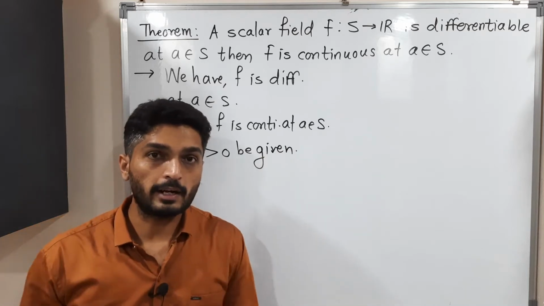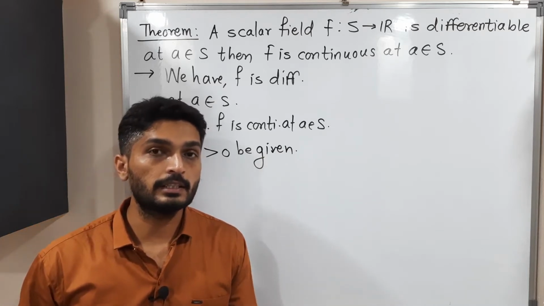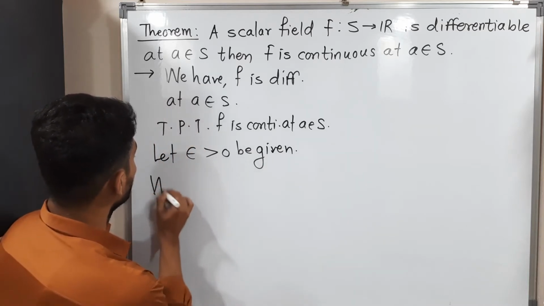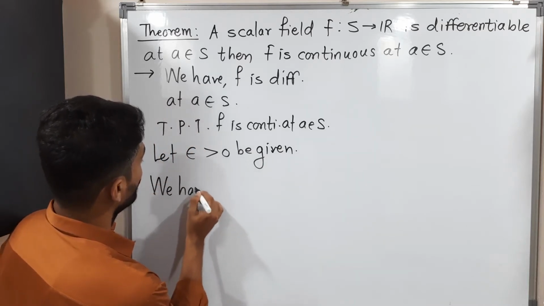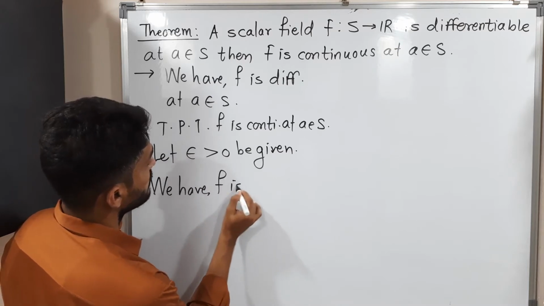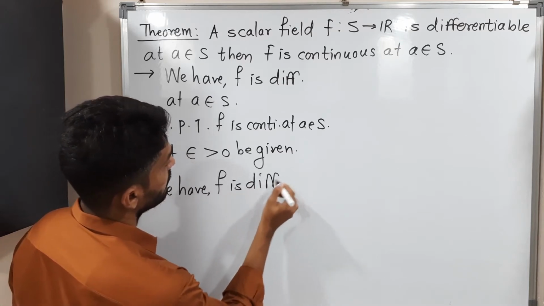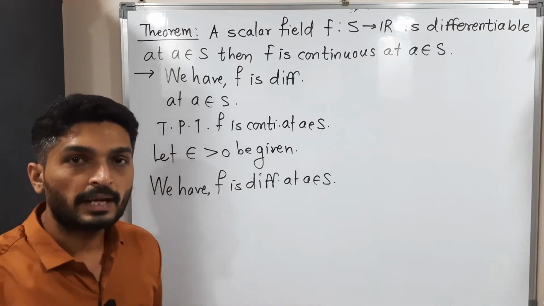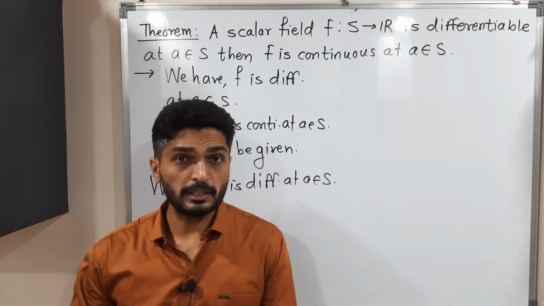Okay, so we will start with the given thing. The given thing is f is differentiable at A belongs to S. Simply, I am going to use the definition. You remember the definition?